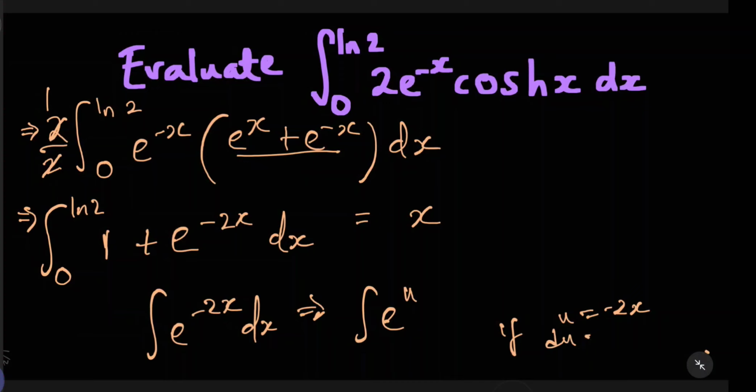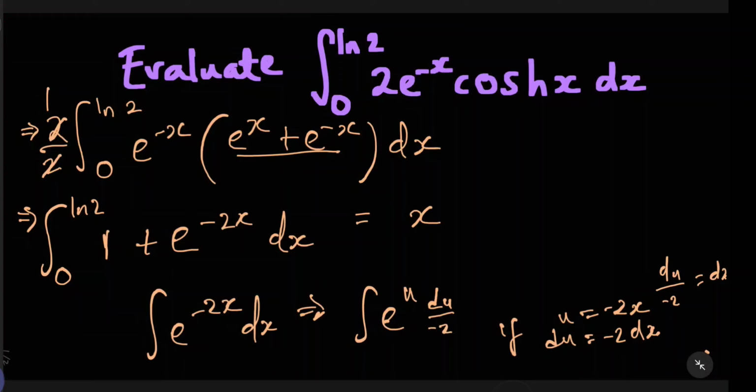So it means that du is minus 2 dx, and this also means that du over minus 2 is equal to dx. So in this case, instead of the dx, now we have du over minus 2.